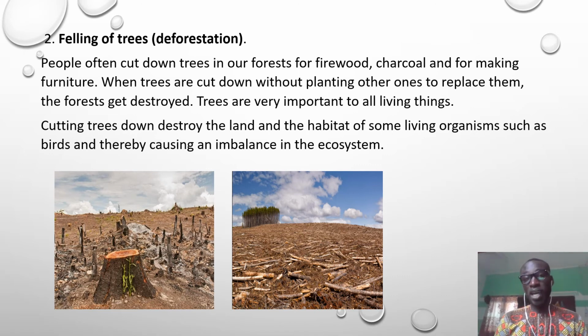So when trees are cut down without planting new ones to replace them, the forest gets destroyed. Trees are very important to all living things. Cutting trees down destroys the land and the habitat of some living organisms such as the birds, and thereby causing an imbalance in the ecosystem.